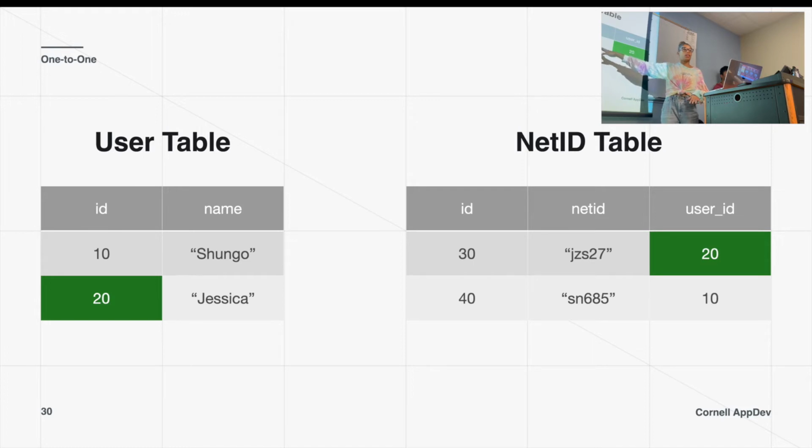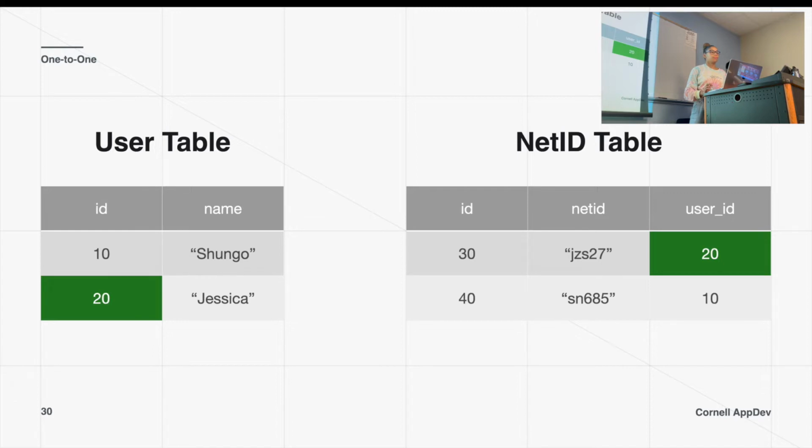Any questions? Yes? Let's say we already established that each user has only one net ID associated with them, and that's the only thing that's possible. My question is, what is the benefit of having two tables with two different IDs for each object?